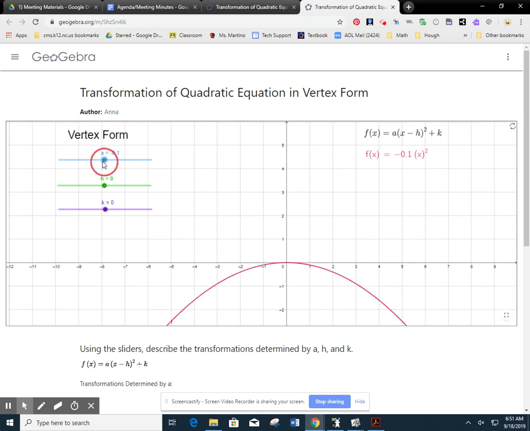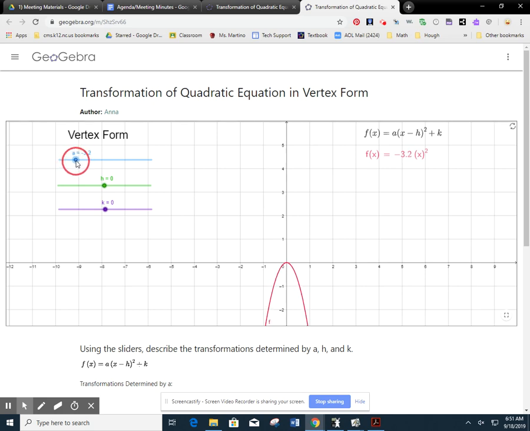Then we go negative. Negative 1, I'm going to just start at negative 1, is the reflection of the parent function. So anything that is further away from negative 1, so basically the absolute value of the number is bigger than 1, like the absolute value of 2 is 2, but the absolute value of negative 2 is also 2. As long as the absolute value is greater than 1, this would be a stretch vertically again, but now it's being stretched from below.